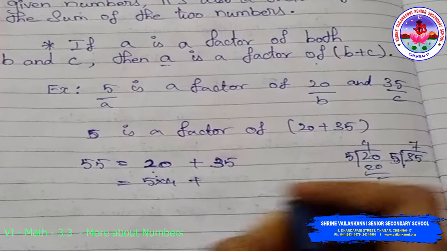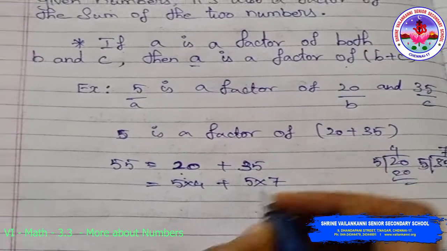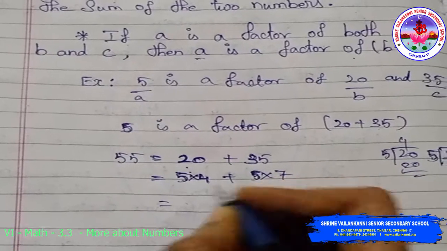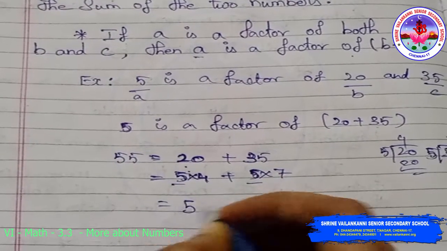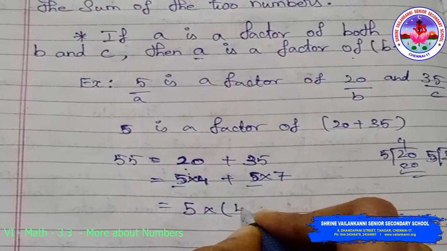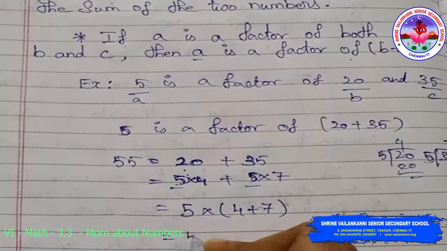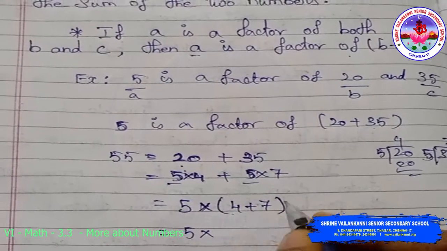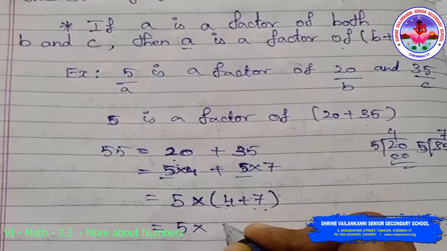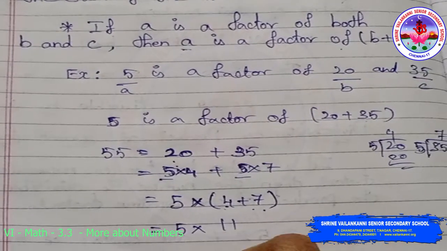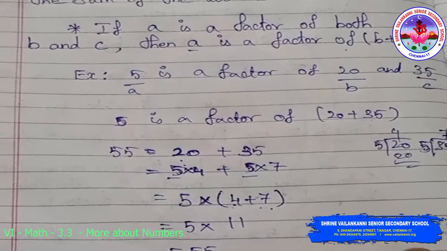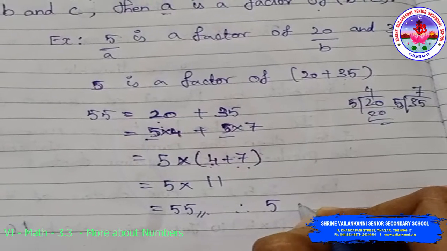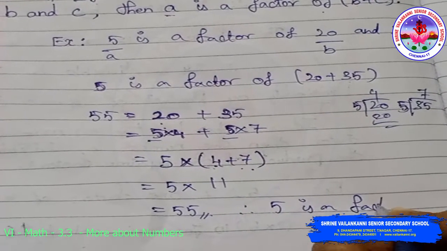So 5 into 7. Using the distributive property, 5 into 4 plus 7. 4 plus 7 is 11. 5 into 11 is 55. Therefore, 5 is a factor of 55.